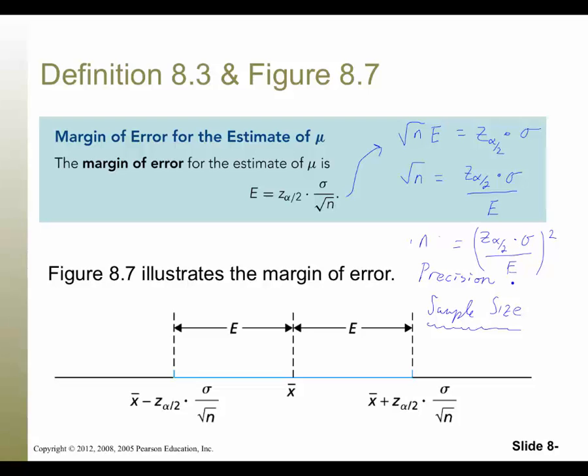If you want to set your margin of error, say at 1 or 1.5, and then you want to have that much confidence, say 95% confidence, well, we're going to use our 1.96. And we have our population standard deviation, and then set our margin of error. If we do that, we'll get the sample size required to have this combination of margin of error and precision.